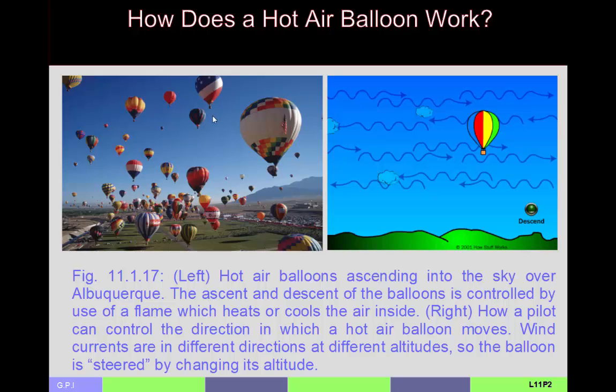Some of the currents may be to the east, and then if you move down just a little bit, some might be north. Then you move down a little more, and they may be south or west or etc. So in theory, the way that you could control where a hot air balloon goes is that you'd either heat it or cool it so that it enters into the part of the air that happens to be traveling in the direction that you want it to be traveling in.